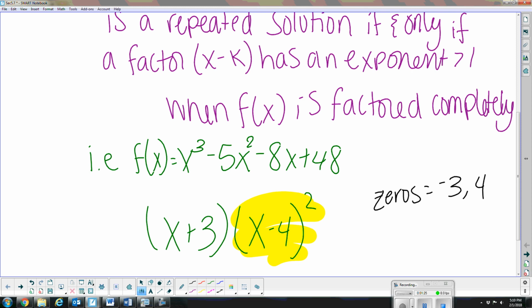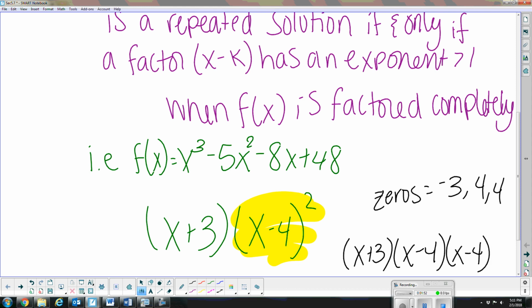Now, since x minus 4 is squared, you can count 4 as a solution twice. And this is important because of the fundamental theorem of algebra that we'll define in just a second, but because x minus 4 is squared, you have factors x plus 3, x minus 4, and x minus 4. So you have 3 solutions, but 2 of them are the same, which is a repeated solution.